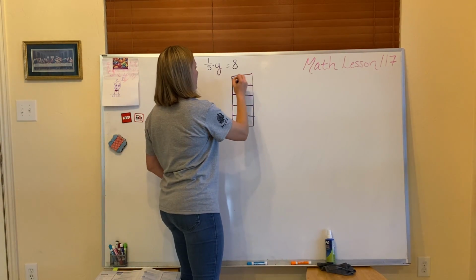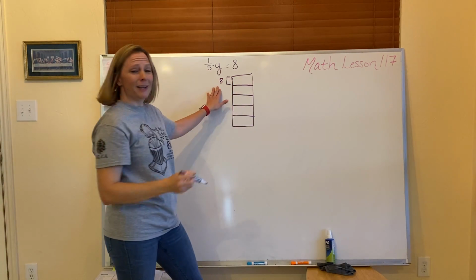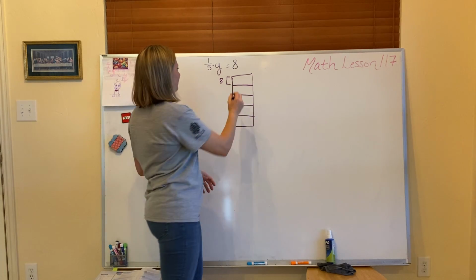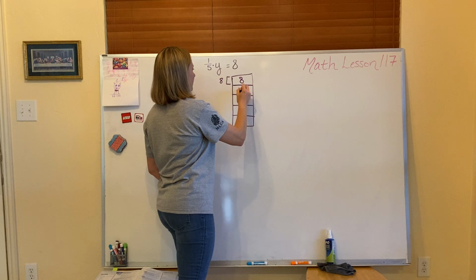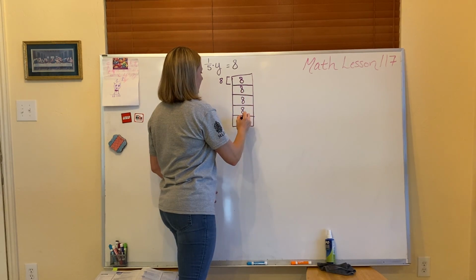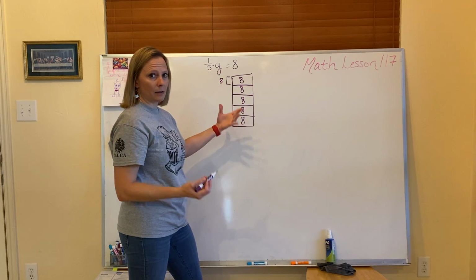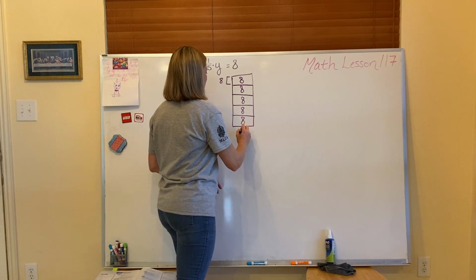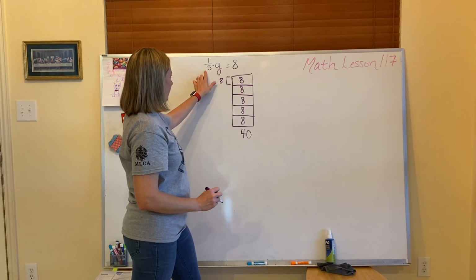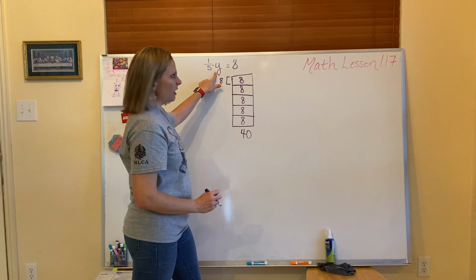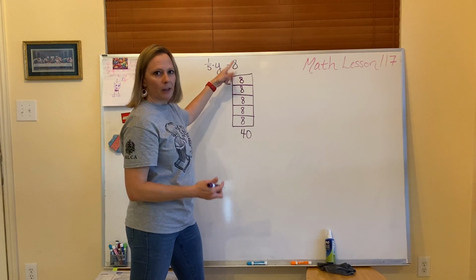And 1/5 is 8. So we can just plug it right into the box, right? So each of our pieces will have 8. And we can solve by saying 8 times 5 is 40. Okay, so 8 is 1/5 of 40. If we multiplied 40 by 1/5, we would come up with 8.